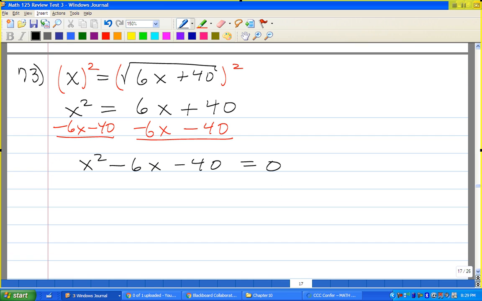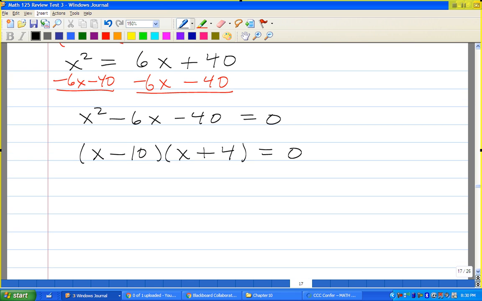And so I can factor this as follows. I want two whole numbers whose product is 40 and whose difference is 6. So 10 and 4. Set these factors to 0 and solve for x. So either x is 10, adding 10 to both sides, or x is negative 4.